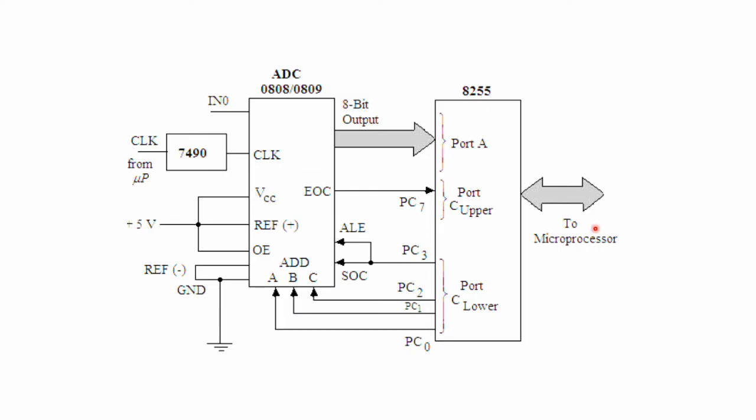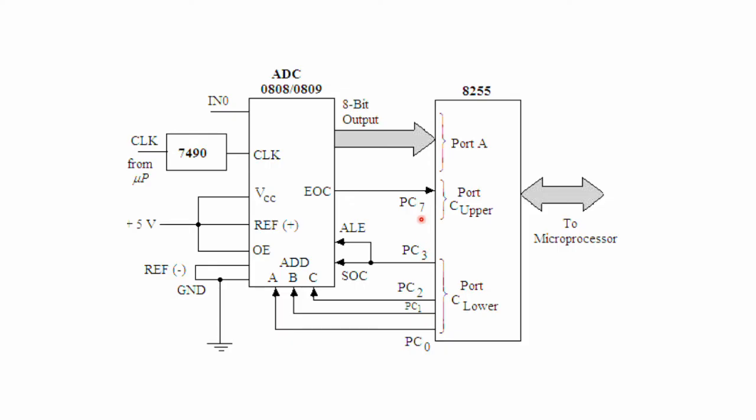That is why we connect the analog to digital converter through 8255 only, because we have to send certain control signals to ALE, start of conversion, and to select the channel of this 0808, and in turn we have to monitor the end of conversion.